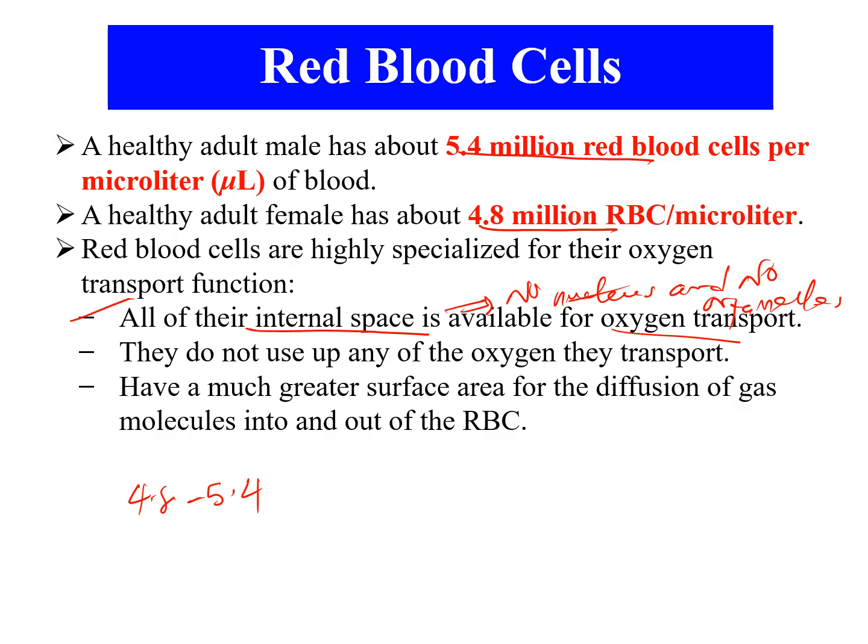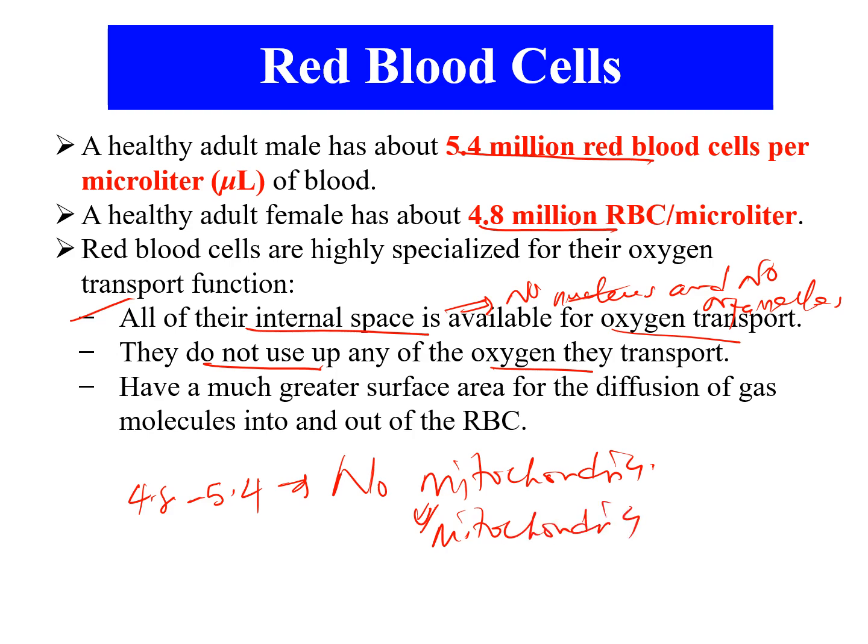The second reason is that red blood cells do not use up any of the oxygen that they transport. The reason is that they lack mitochondria. A cell that has mitochondria has the ability to generate ATP in the presence of oxygen, which is known as aerobic metabolism.